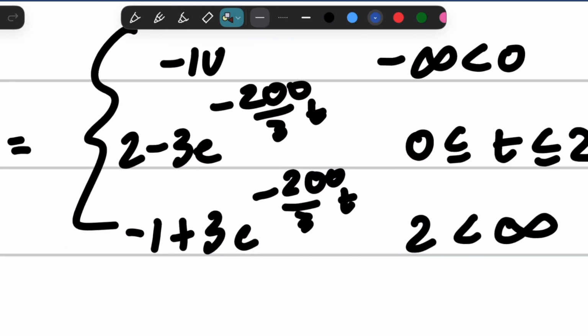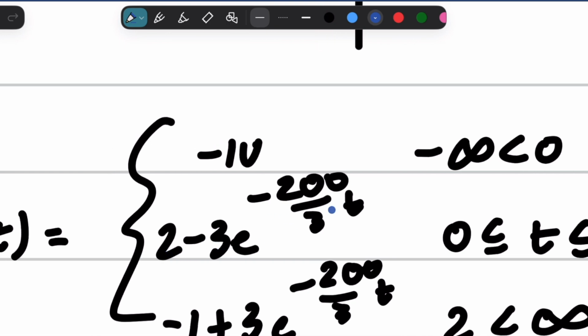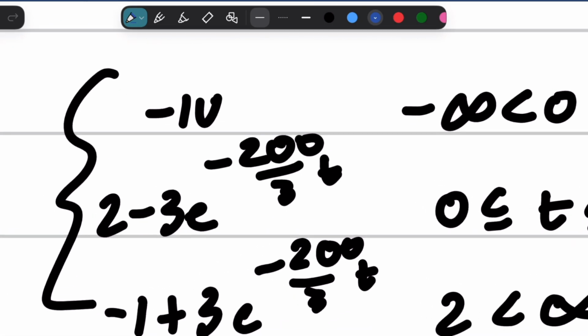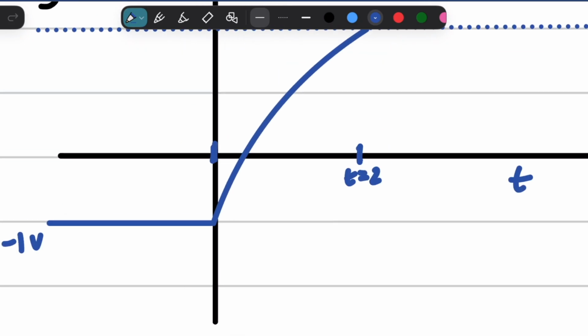And we are going to start, you see, if I plug in a 0 right here, I have -1 plus 3, and that equals 2, right? So we are starting where we left off from here, because if I say 2, and then this was a negative infinity right here, then we would be starting at -1, because e to the 0 is 1. You get what I'm saying.